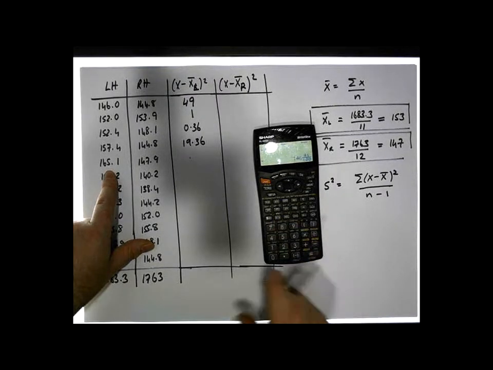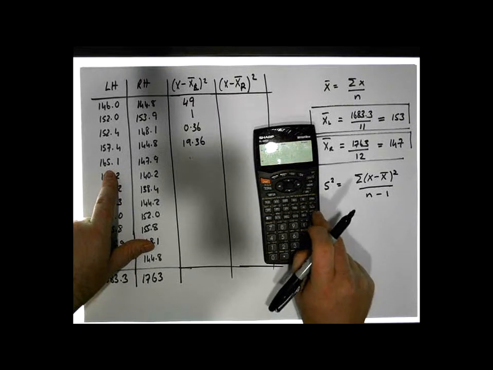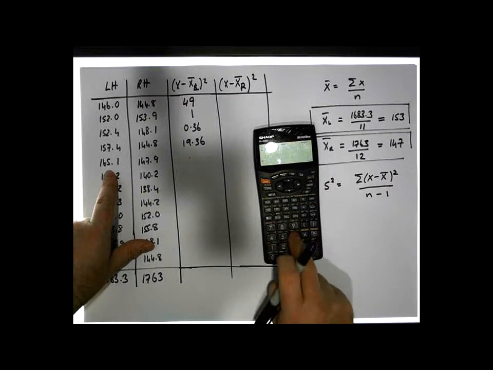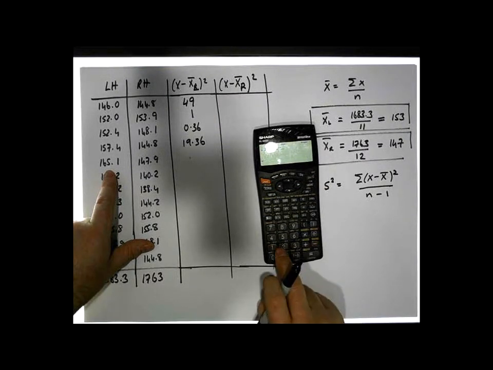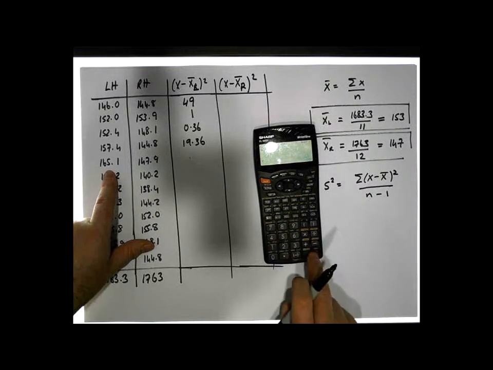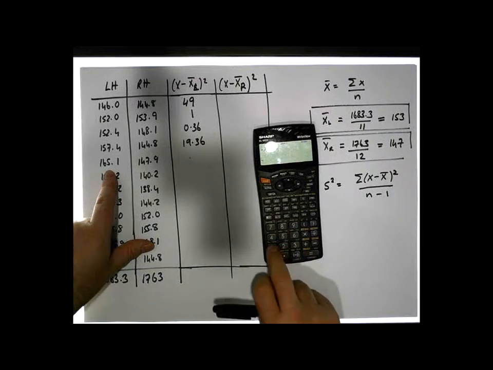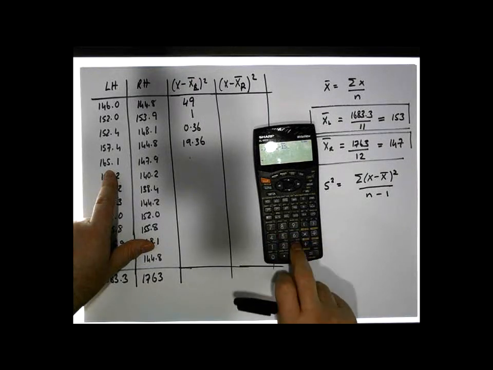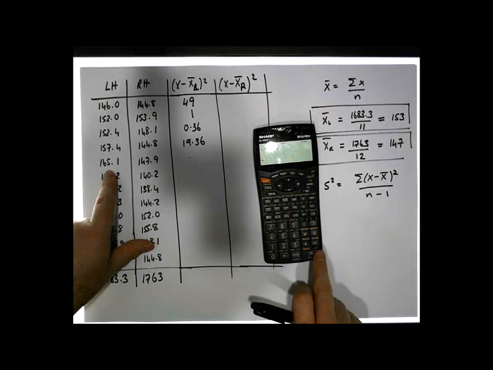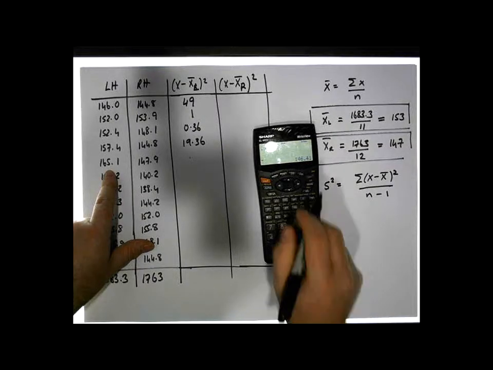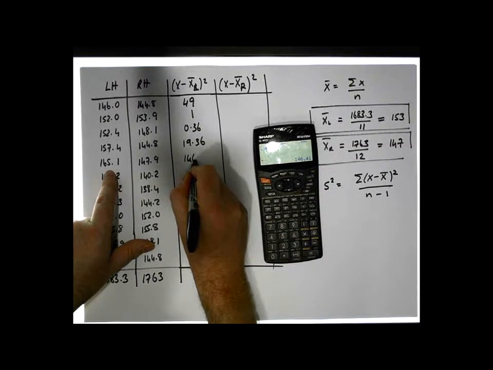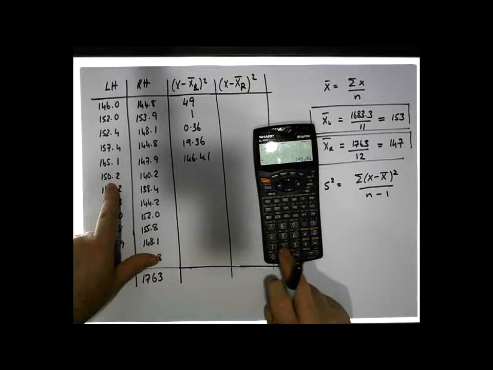I made a mistake there. 165.1 minus 153, squared, gives us a value of approximately 146.41. Then we have 150.2 minus 153.